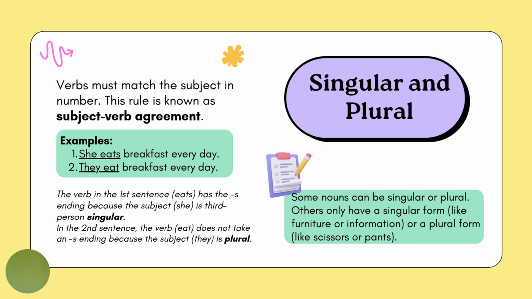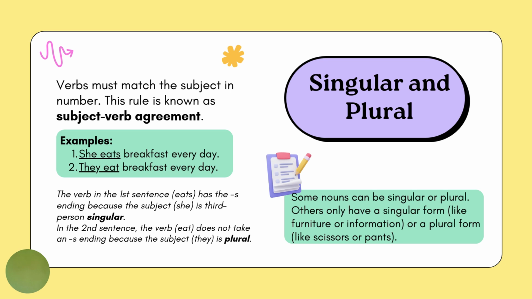So if the noun is the subject of the sentence, then it must match with the verb. Okay, that's what we call subject-verb agreement. You will learn more details about this on the next slides, on the next meeting.